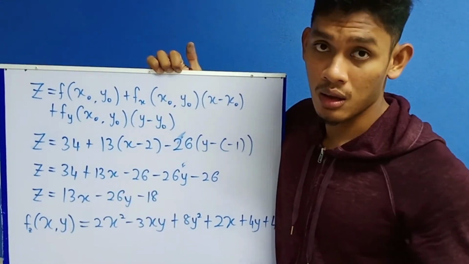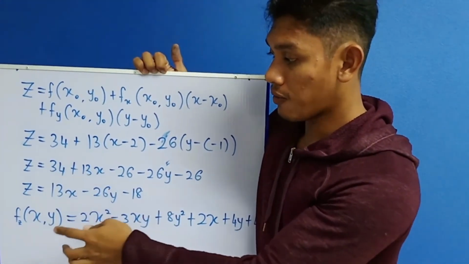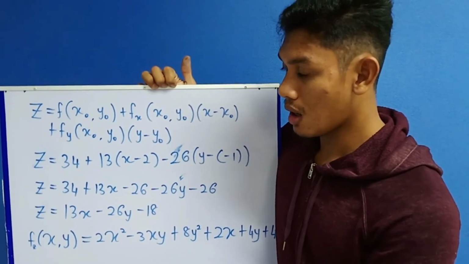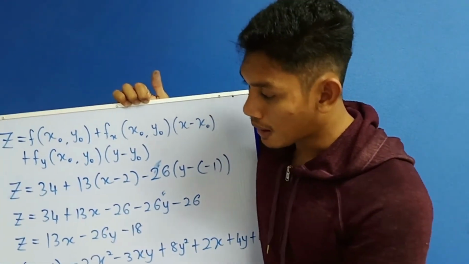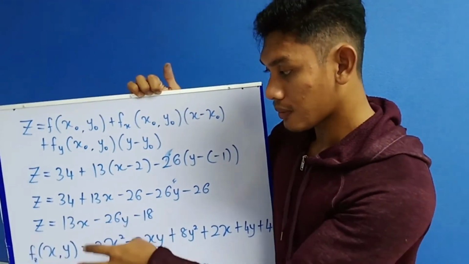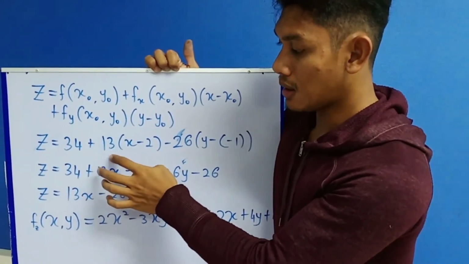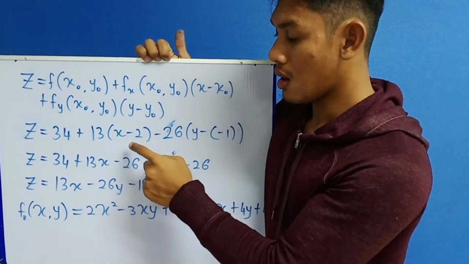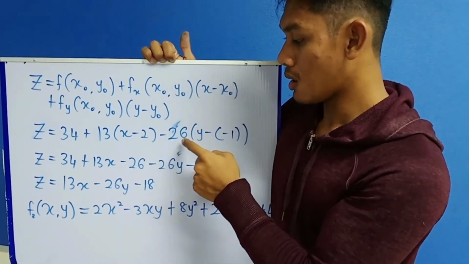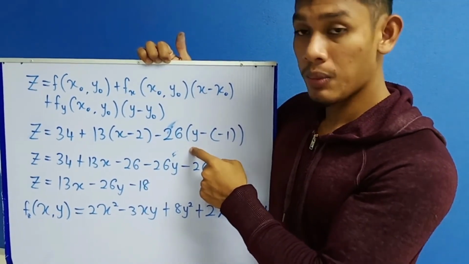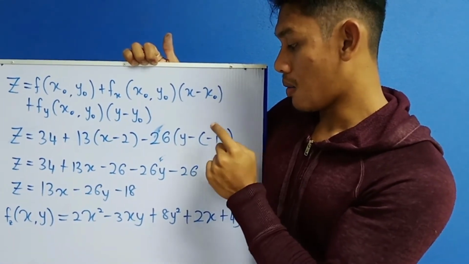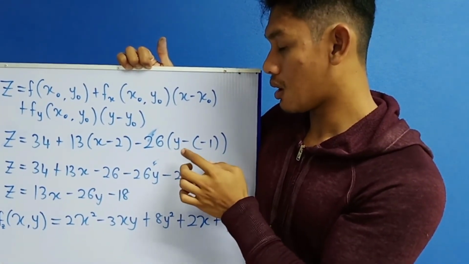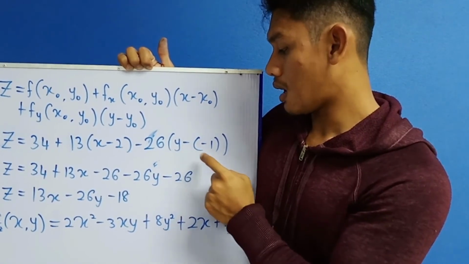After we substitute the values, we get z equals 34 plus 13 multiplied by (x minus 2) minus 26 multiplied by (y minus -1).